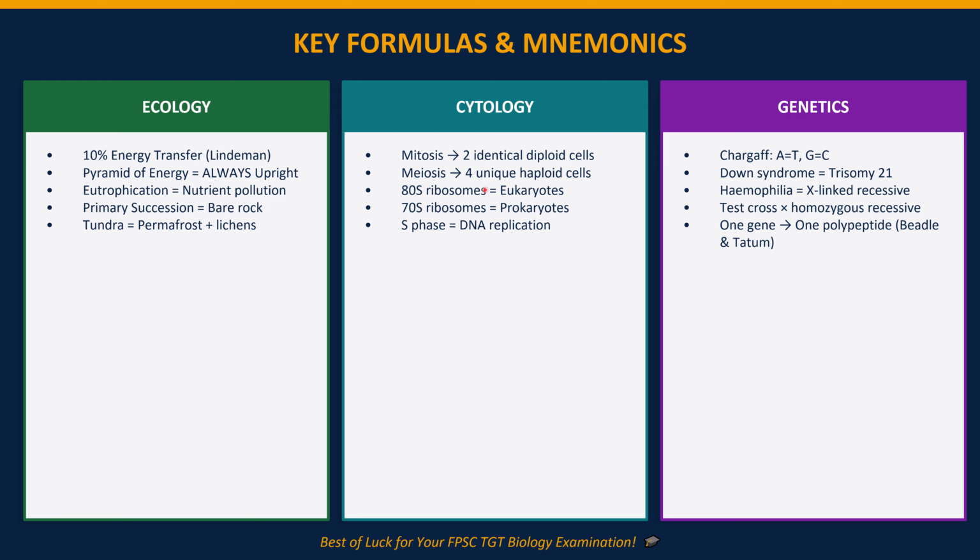Cytology: mitosis 2 identical diploid cells, meiosis 4 unique haploid cells, 80S ribosomes eukaryote, 70S ribosomes prokaryote, S-shaped DNA replication. Genetics: Chargaff A is equal to T, G is equal to C, Down syndrome is equal to trisomy 21, hemophilia is equal to X-linked recessive, test cross multiply by homozygous recessive, one gene, one polypeptide, Beadle and Tatum.